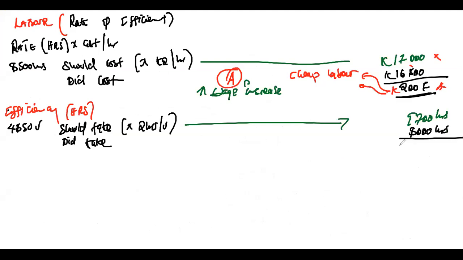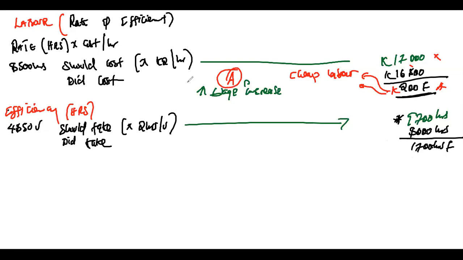So there we have a variance. What's our variance? We have 1,600 hours. These are favorable hours, because according to the budget it should have taken them 9,700. So these guys were efficient. They were fast. We multiply this by the standard rate always.